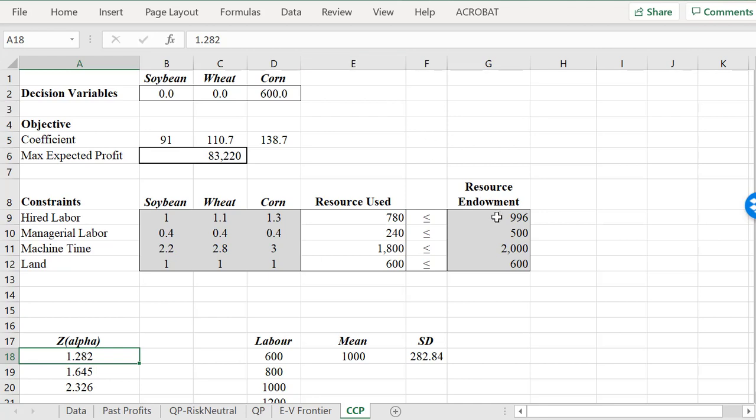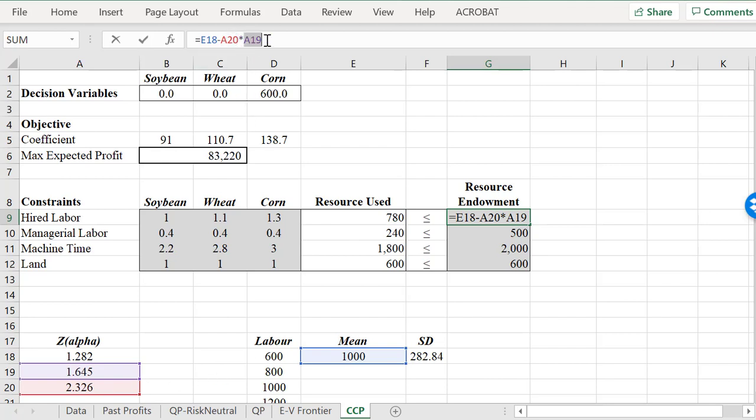What you need to do first is change this Z alpha here. Oh, I think I did it wrong for the Z alpha equal to 1.65. Excuse me about that. So here is the Z alpha value.